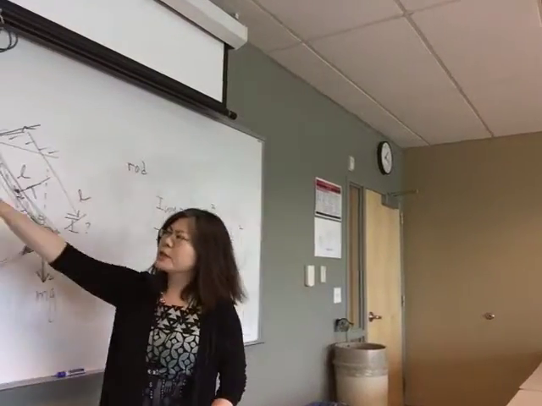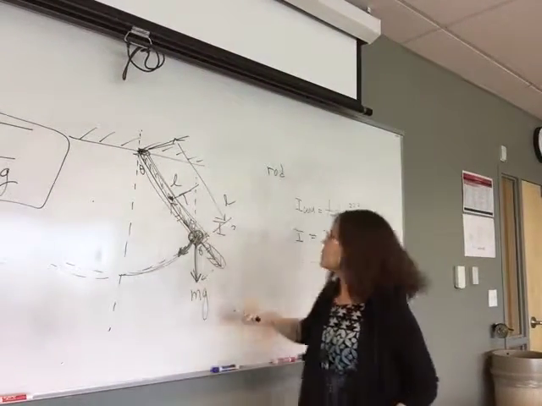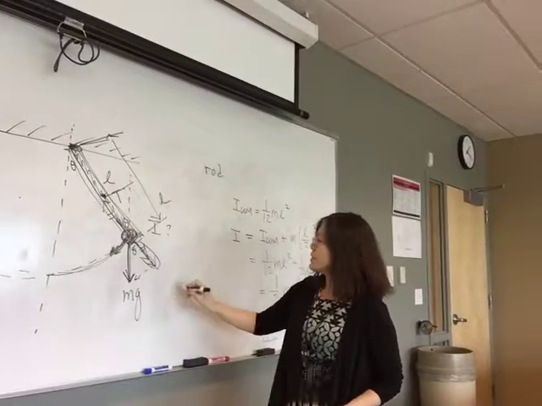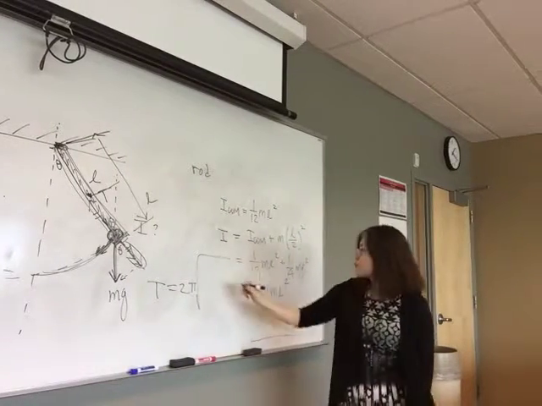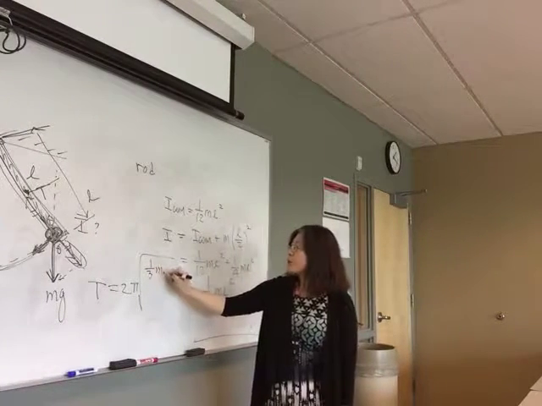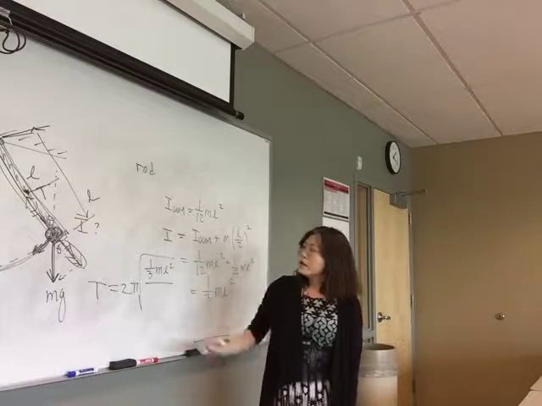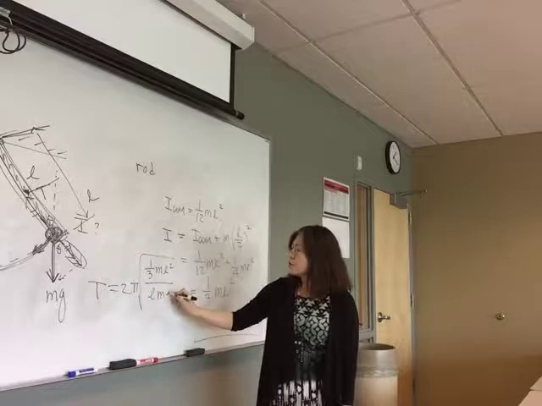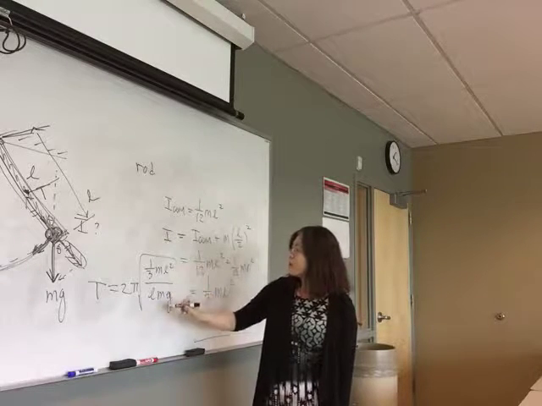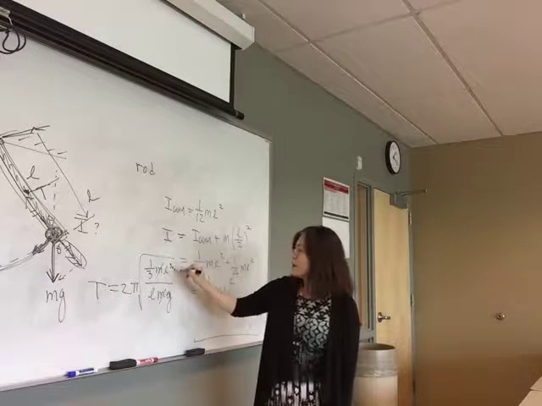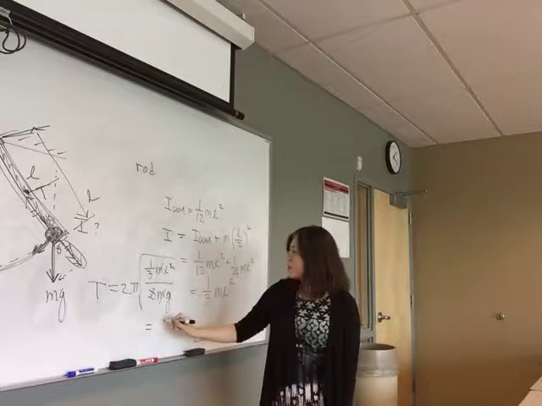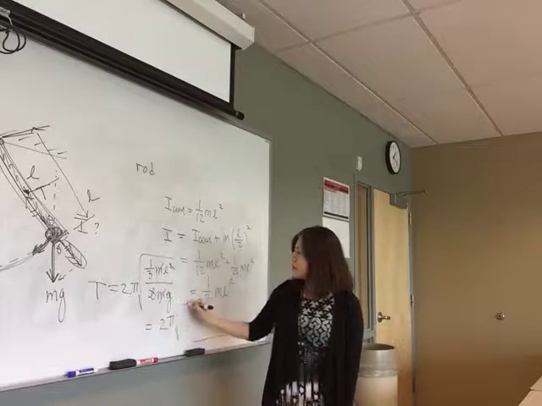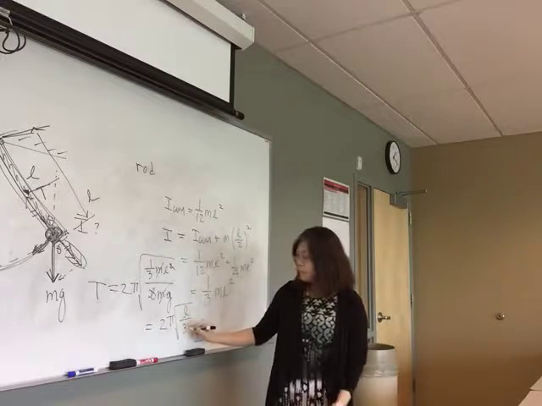Then we plug into this equation to see what T we get. T equals 2 pi times the square root of 1/3 ml squared on top, and in the bottom, L m g. Again, the m cancels, and one L cancels, so we have 2 pi times the square root of L over 3g.